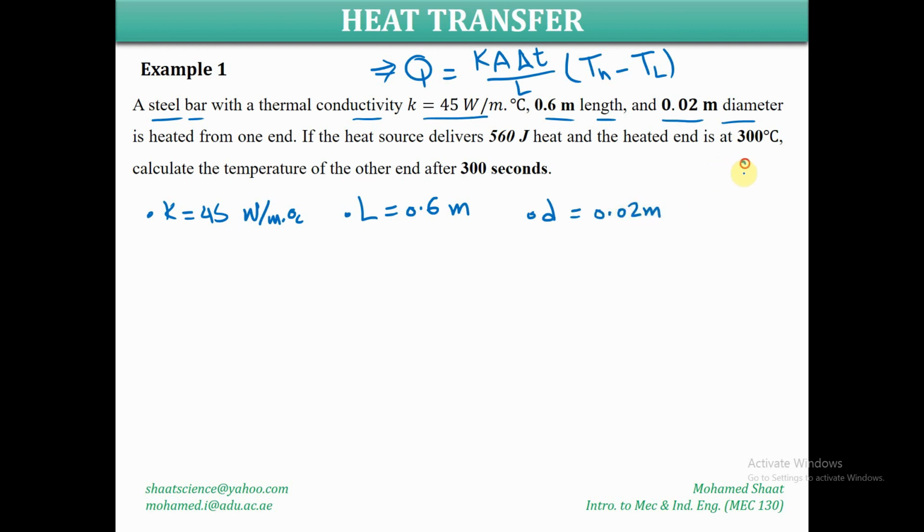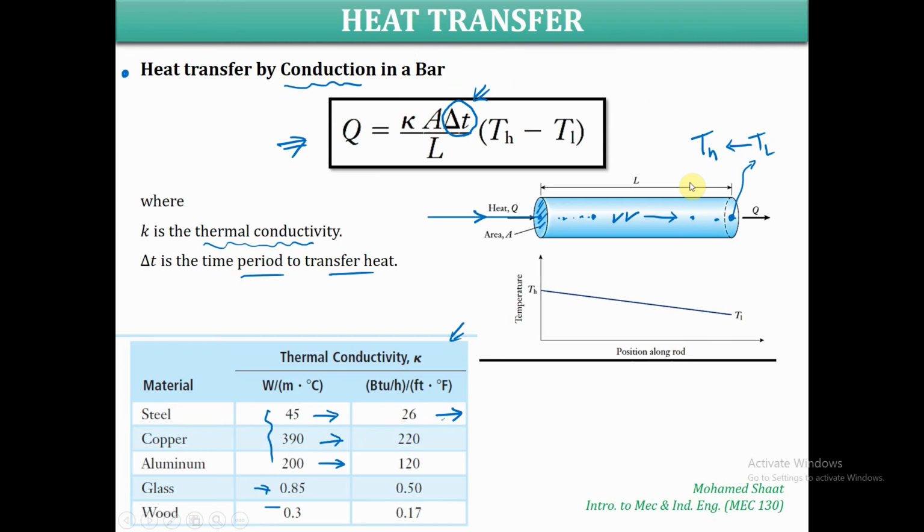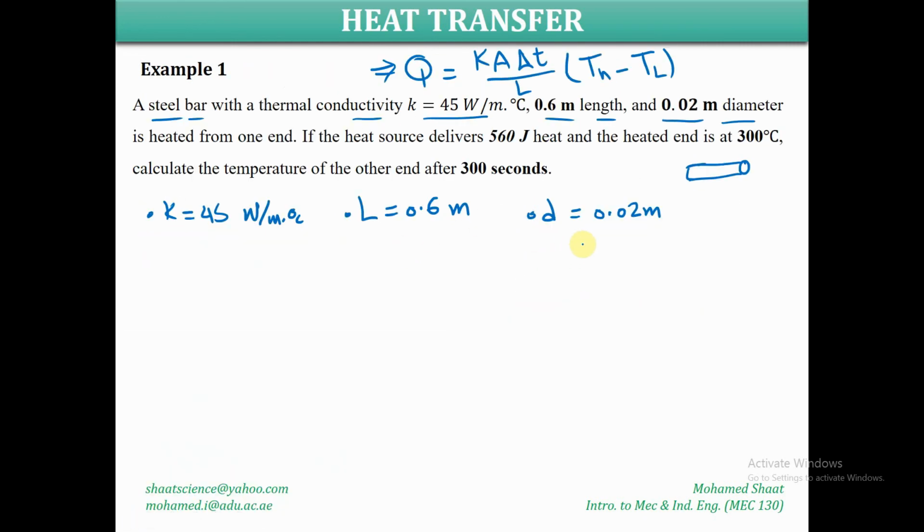Anything that has a diameter should be a cylindrical piece, like this object. It has a circular cross section. So if I ask you to calculate it, why do we need the diameter? Because we're going to use it to calculate the cross-sectional area. Simply, the area is going to be pi over 4 times the diameter squared, which is pi over 4 times 0.02 squared.